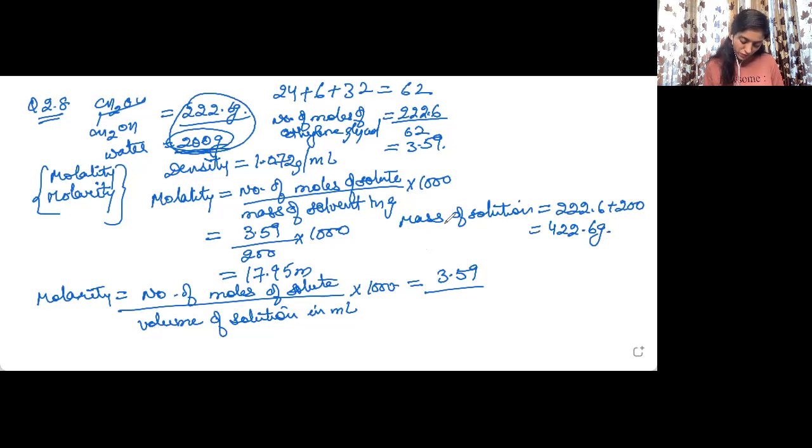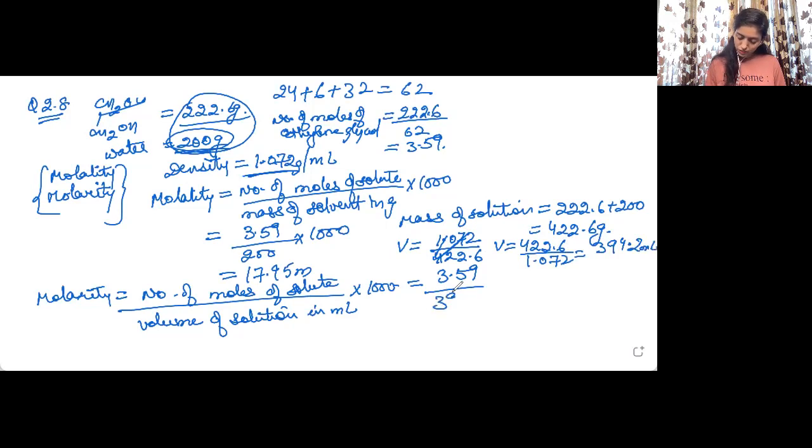Now we need volume. We have been given the density, it is 1.072 gram per ml. So volume of solution will be 422.6 upon 1.072. I'm so sorry, I had done it in reverse. 422.6 divided by 1.072 is coming out to be 394.2 ml.